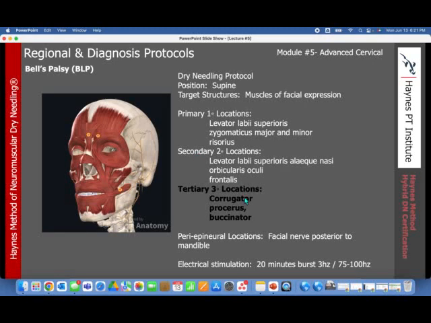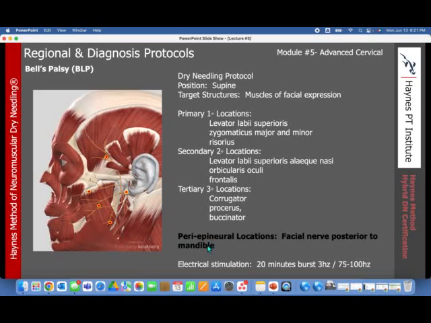And then lastly, we'll add in our corrugator and our depressor, which is the same location, our procerus right here, and then finally our buccinator. Lastly, if we're not seeing improvement, then we can look more specifically at our facial nerve perineural protocol with the locations that we described previously.